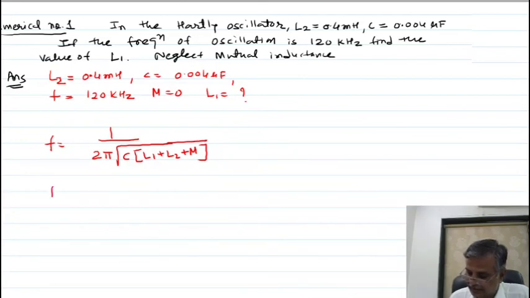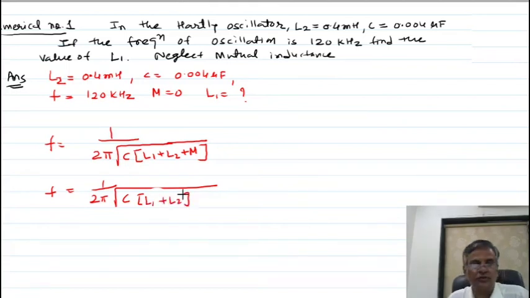So I can write F is equal to 1 upon 2 pi root C into (L1 plus L2), because M is 0. From this you have to find the value of L1. You put all the values and find L1. This you have to do in your work.